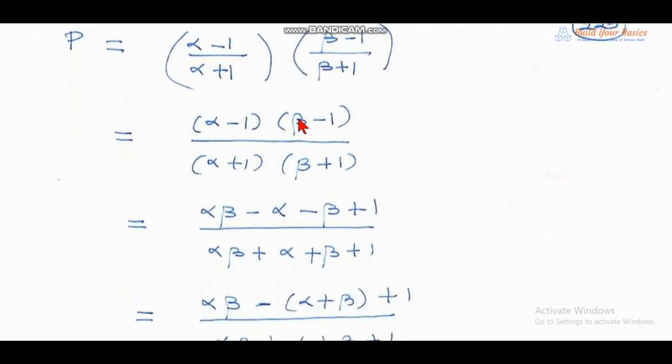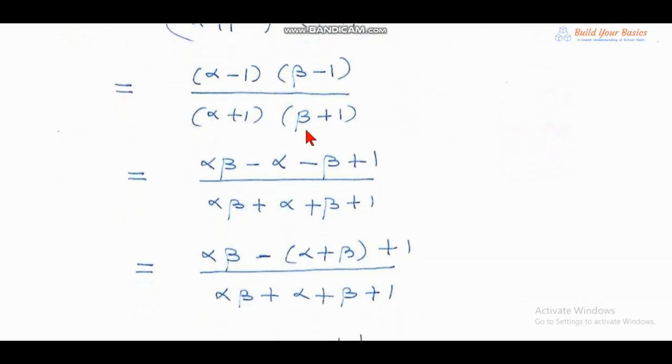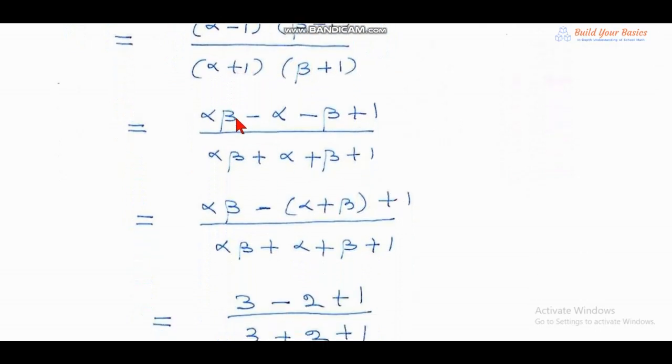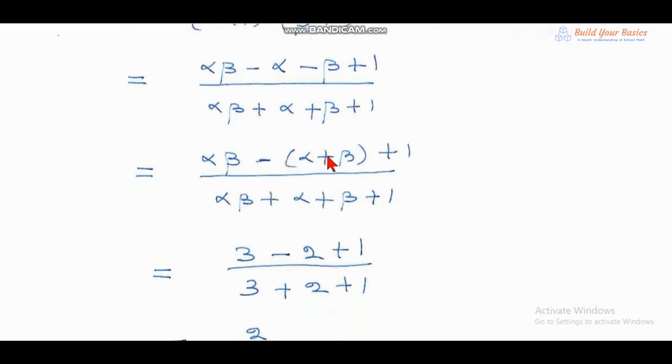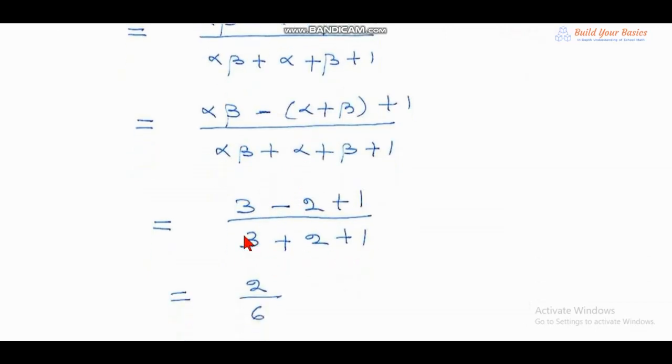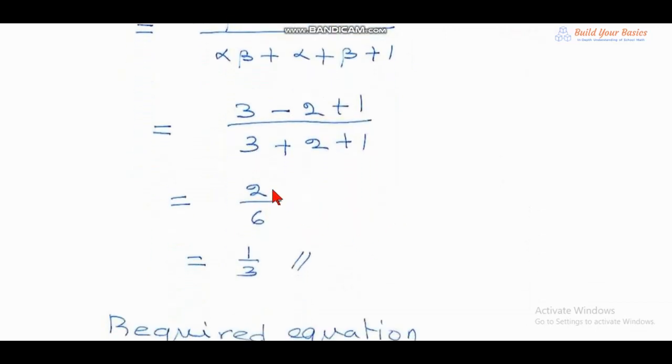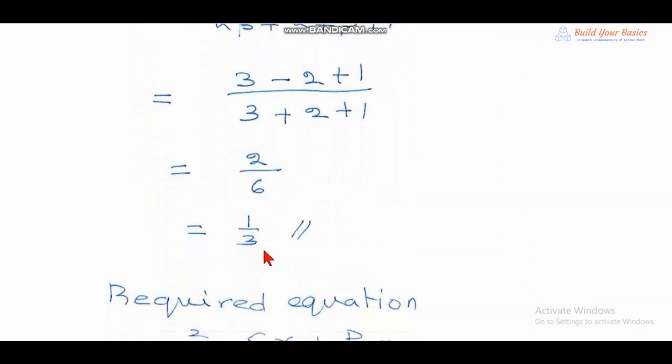Multiplying, numerator: alpha beta minus of alpha plus beta, plus 1. Denominator: alpha beta plus alpha plus beta plus 1. We know alpha beta and alpha plus beta. Substitute: 3 minus 2 plus 1 divided by 3 plus 2 plus 1. That is 2 by 6, that is 1 by 3.